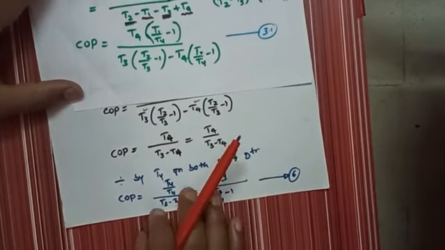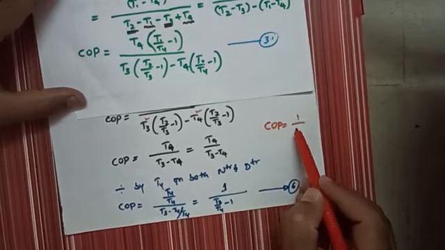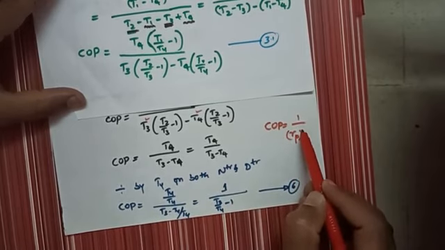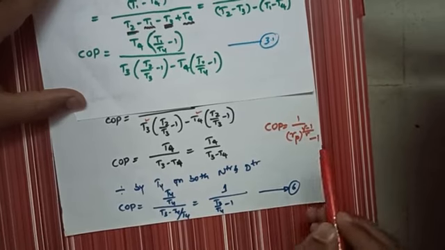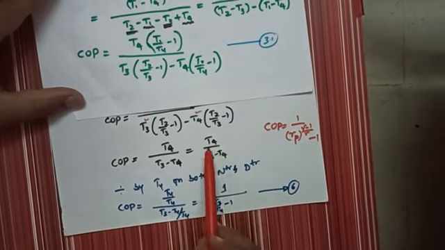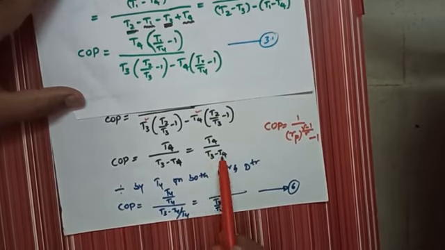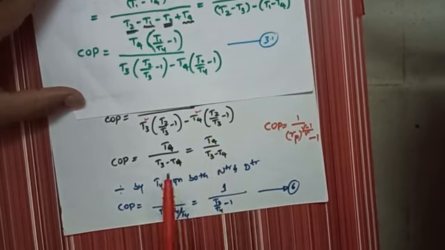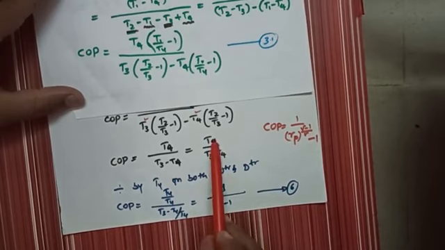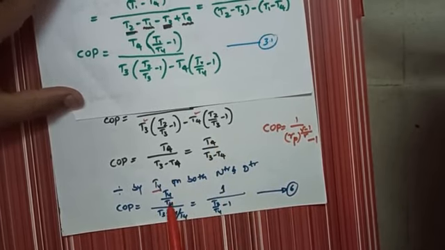Now to get the required COP equal to 1 by the pressure ratio to the power of gamma minus 1 by gamma, minus 1, I will remove this T4. Because 3 to 4 is the pressure ratio, T4 is not a pressure ratio. The ratio of T3 by T4 is the pressure ratio. So I will divide numerator and denominator by T4. Here T4 by T4, and T3 minus T4 by T4.